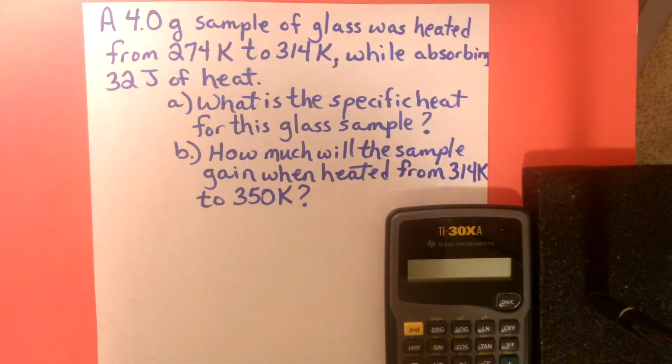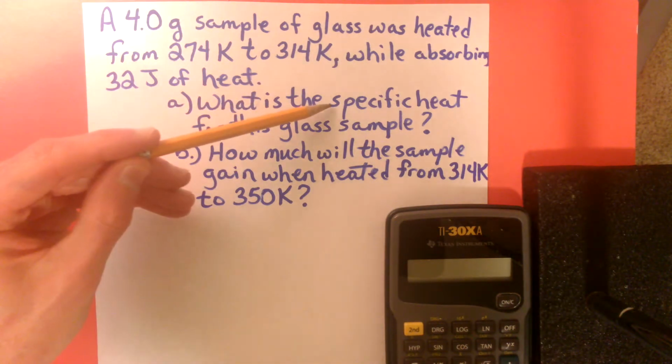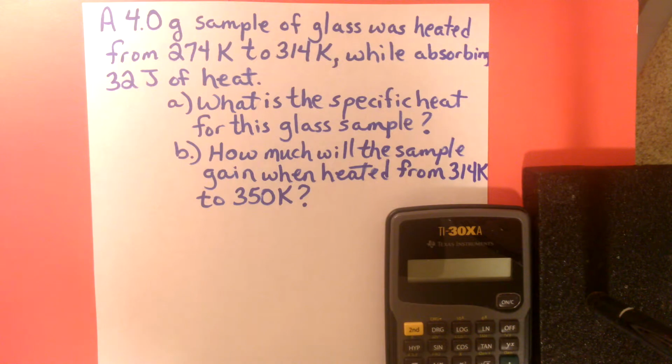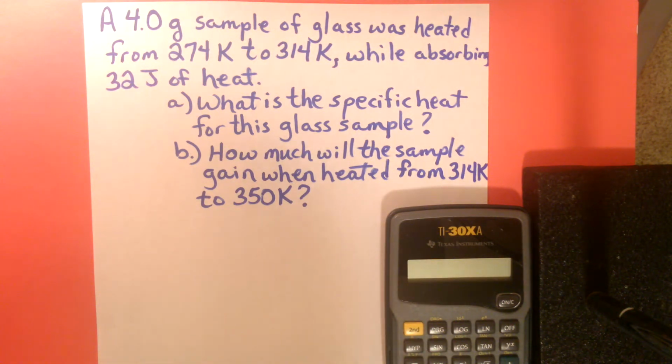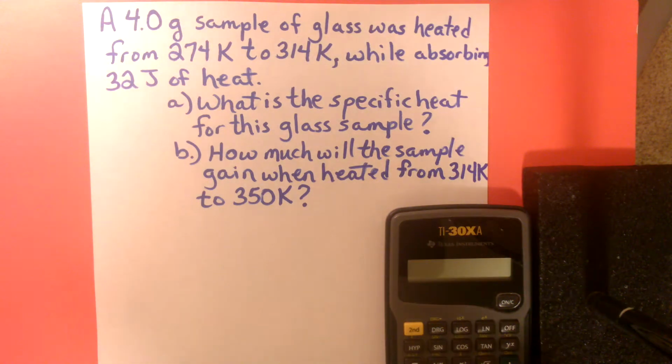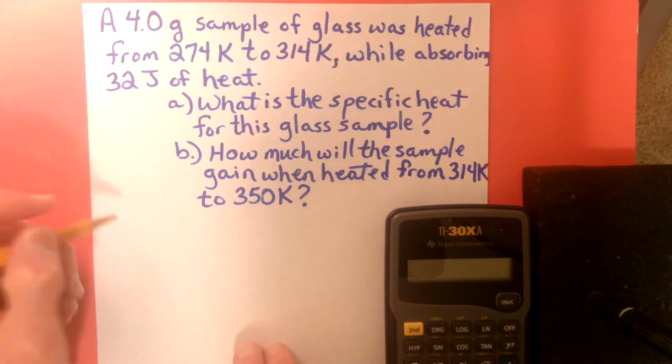And that 1 degree can be measured either in Celsius or Kelvin. So the specific heat or specific heat capacity is the amount of heat energy needed to raise 1 gram of a substance by 1 degree Kelvin or Celsius. Okay? So let's read this problem.